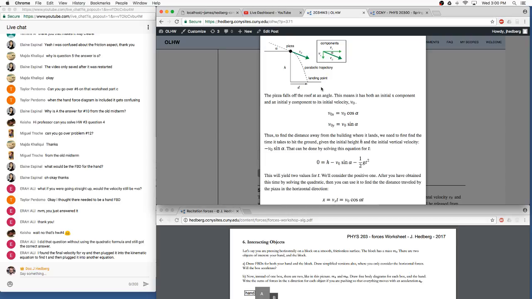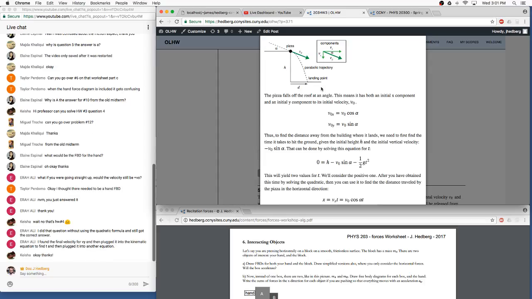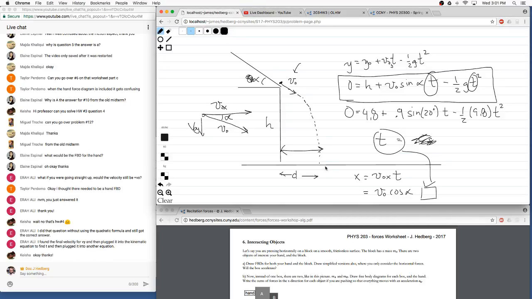You found the final velocity for Vy, and then plugged it into the kinematic equation to find t, and then plugged it into another equation. Okay, so you found this Vy down here. If it works out, then awesome.